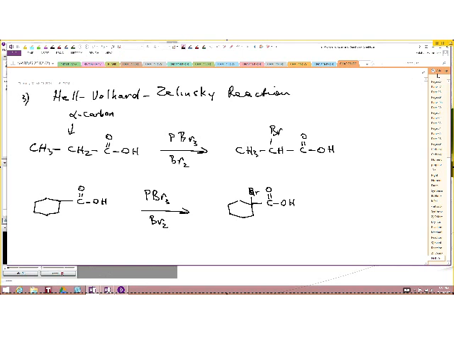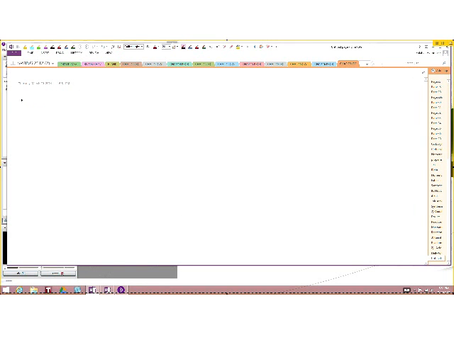Reaction number 4. We are going to call this the acid-base reaction. Of course, unlike most organic compounds, we call this class of compounds carboxylic acids because they react as acids.